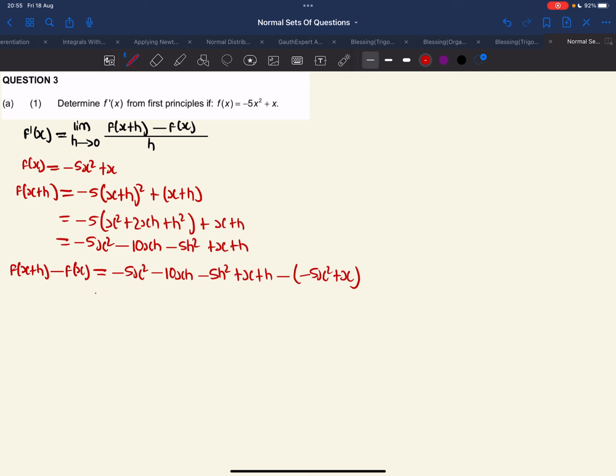Then we're going to get minus 5x squared minus 10xh minus 5h squared plus x plus h plus 5x squared minus x. And then we can collect the like terms. Looking at this, these are the like terms here, and we also have these being the like terms.